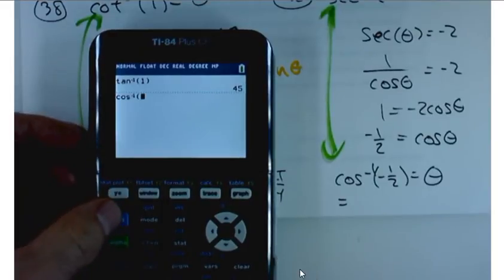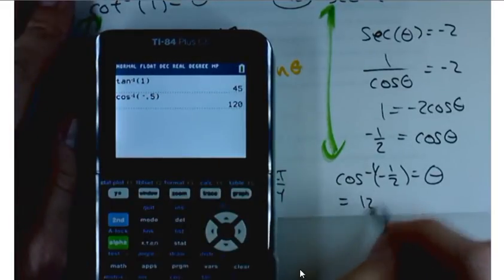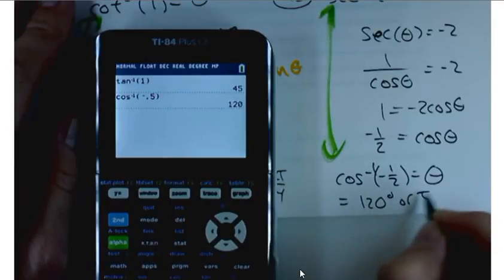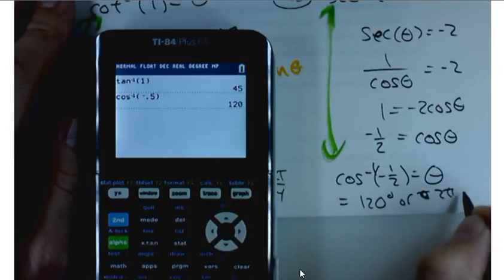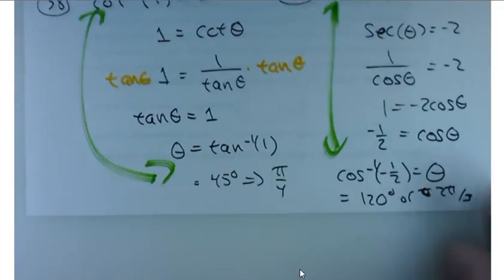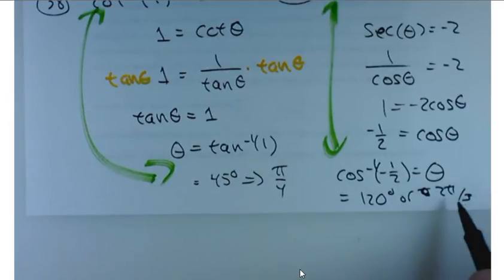Inverse cosine of -0.5, 120 degrees, or 2 pi over 3. I'll be specific. Their book's not really giving you good instructions here in terms of wanting an angle between 0 and 2 pi or between 0 and 360. I'll tell you where I want your angles, so that'll tell you degrees or radians.